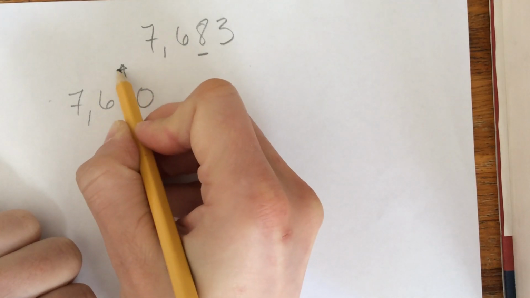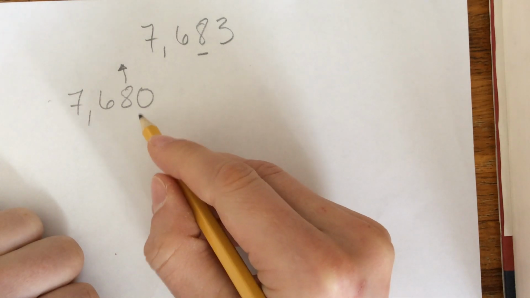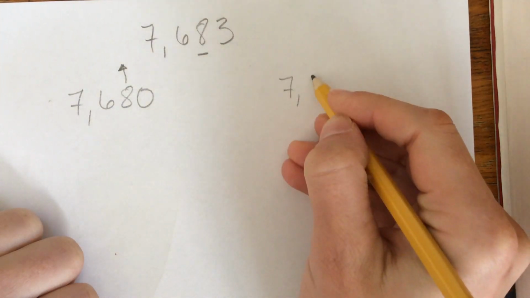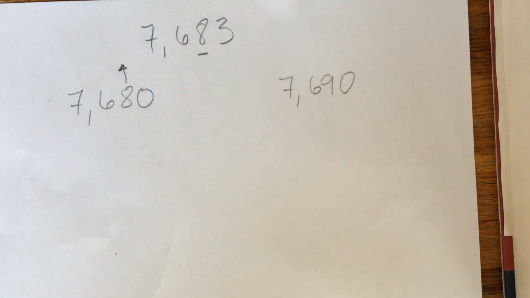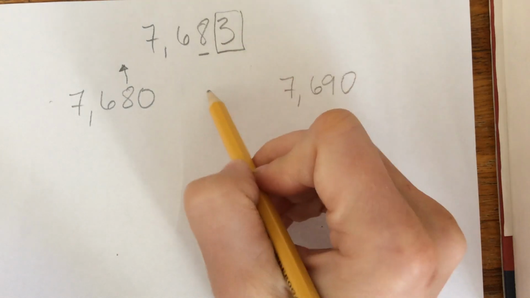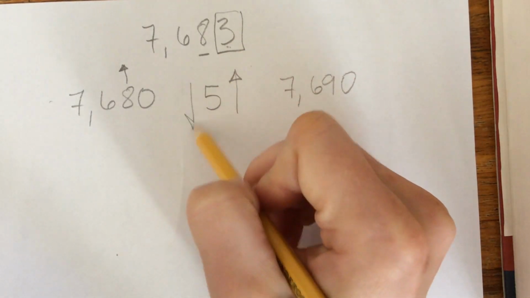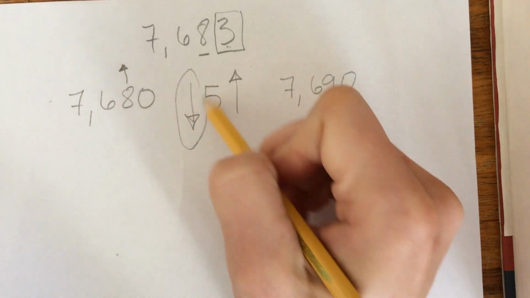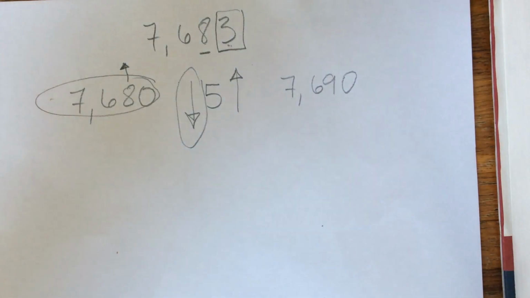Then I ask them, what is 10 up from that? And the answer is 7,680 plus 10 is 7,690. And then I have them identify the ones. And I ask them, is 3 above 5 or below 5? And the answer is below. So your answer is 7,680.